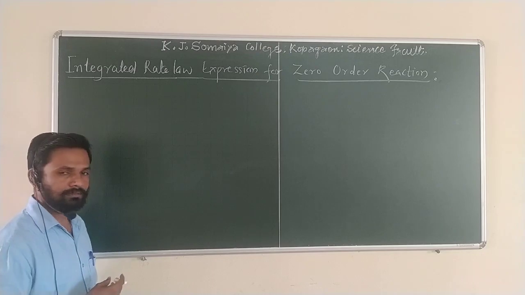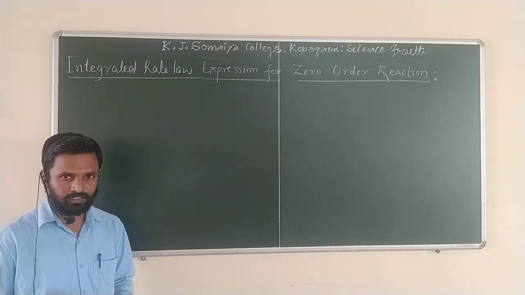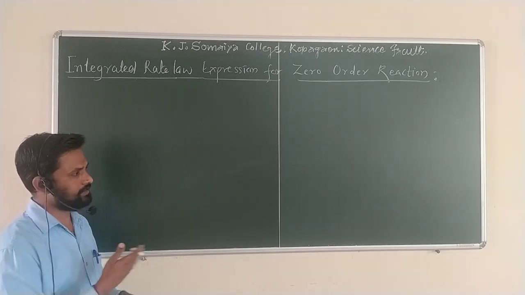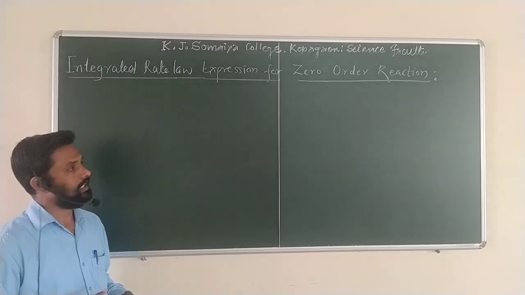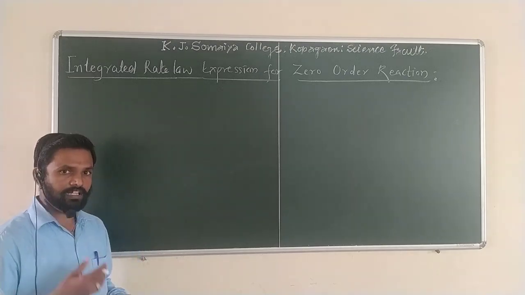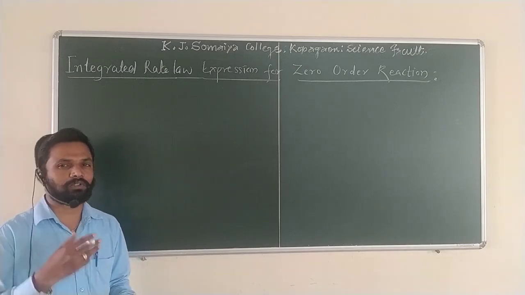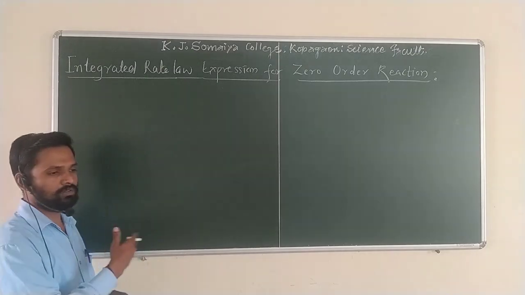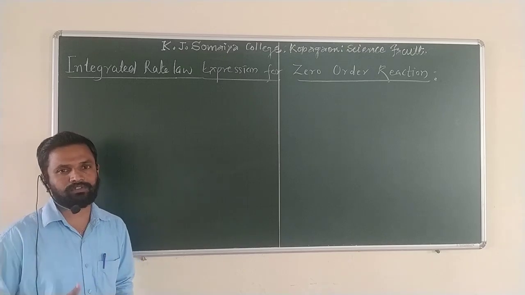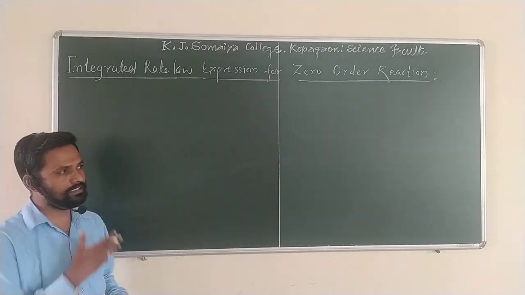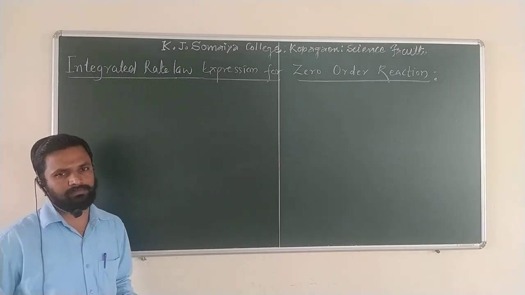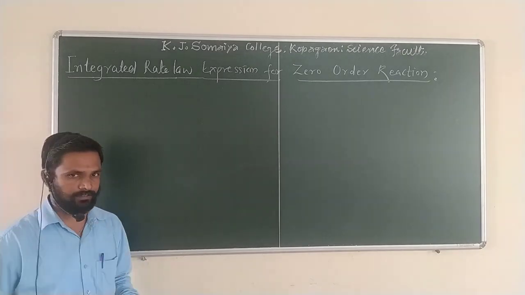After that, we studied the molecularity of the reaction. Then we compared the differences between the order of reaction and the molecularity. We also studied pseudo-molecular reactions, the concept of pseudo-molecular reaction, and how it is based on the molecularity. All these things we studied in the previous 7 to 8 lectures.